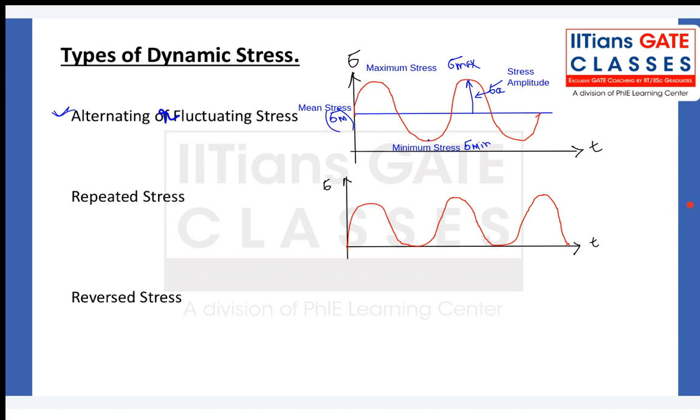This is how the repeated stress varies. I hope you're able to understand the difference. What is the difference between the repeated stress and alternating stress? If you take the mean value, the mean will come somewhere here. This is the mean stress. And if you take the maximum value, this is nothing else but the maximum stress.